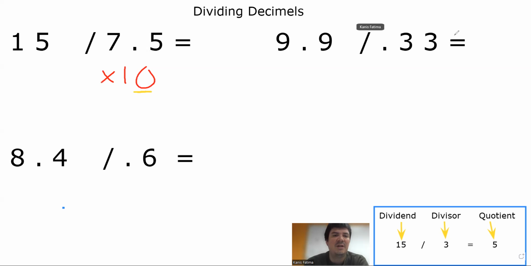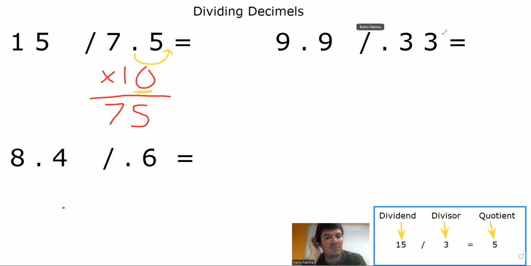So here, 10 has 1 zero. So all we do when we multiply 7.5 times 10 is move that decimal over one spot. So 7.5 times 10 is 75.